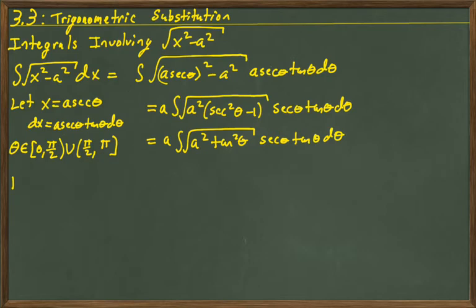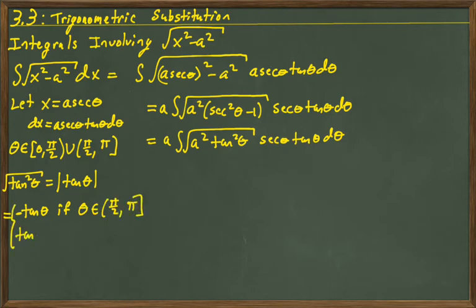So that's going to affect how the square root of tangent squared is going to look. It's going to be equal to the absolute value of tangent, so negative tangent of theta if theta is in quadrant 2, and positive tangent if theta is in quadrant 1.